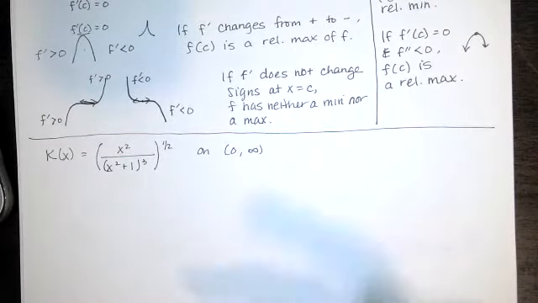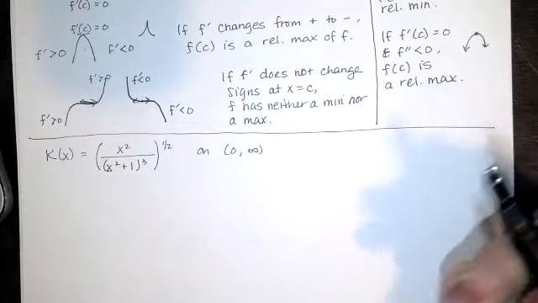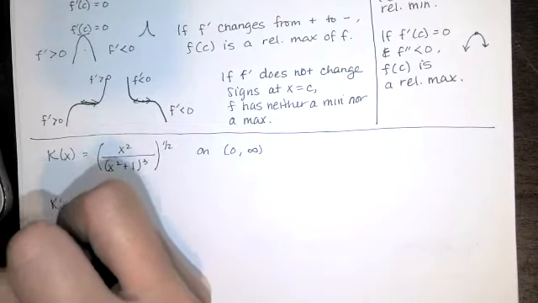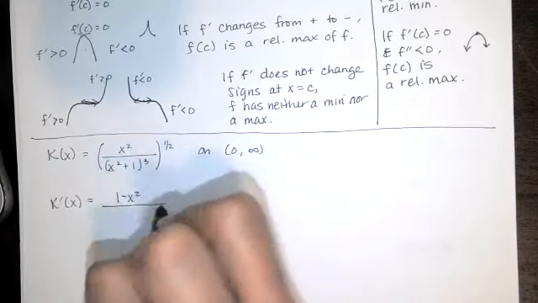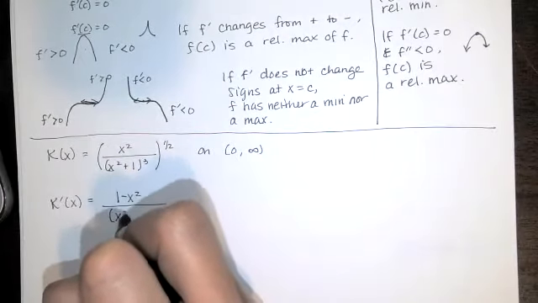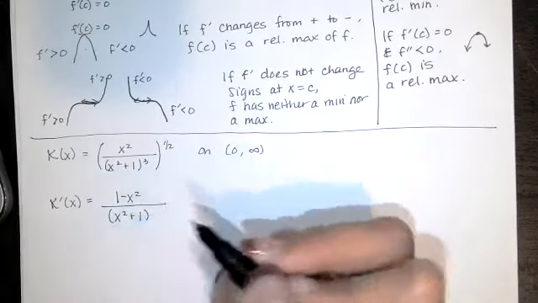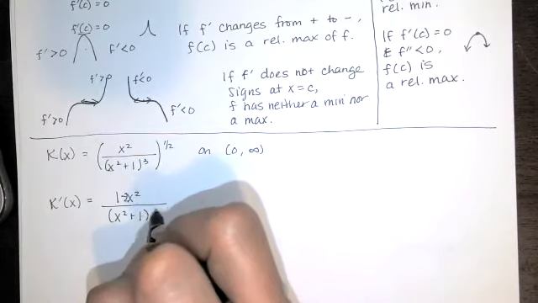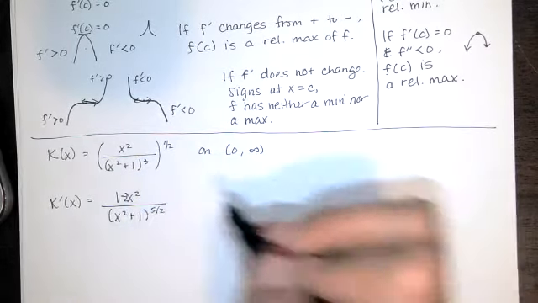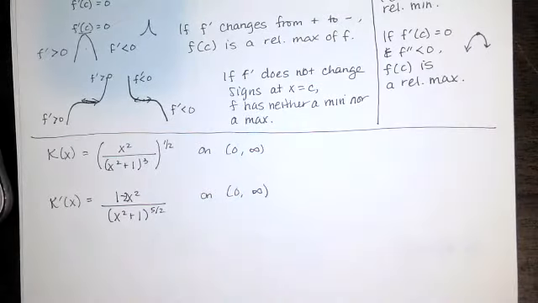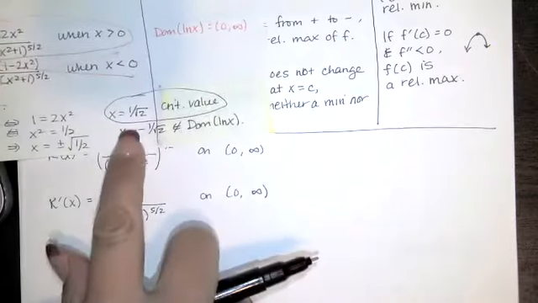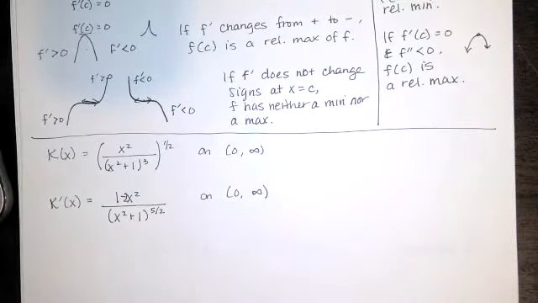Y was natural log of x. So our domain is 0 to infinity. And k prime turned out to be this, also on 0 to infinity. Oops, there should be a 2 there. And the question is, is our single critical value x equals 1 over the square root of 2 a minimum or a maximum of this?